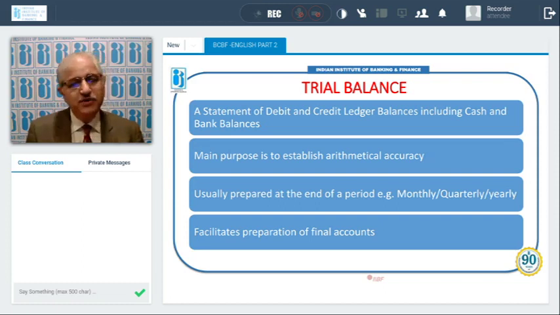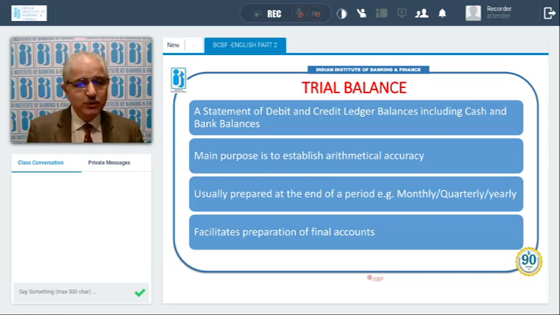It's a statement of your debit and credit ledger balances, which includes cash balance and bank balance. And the main purpose of preparing the trial balance is to establish arithmetical accuracy.